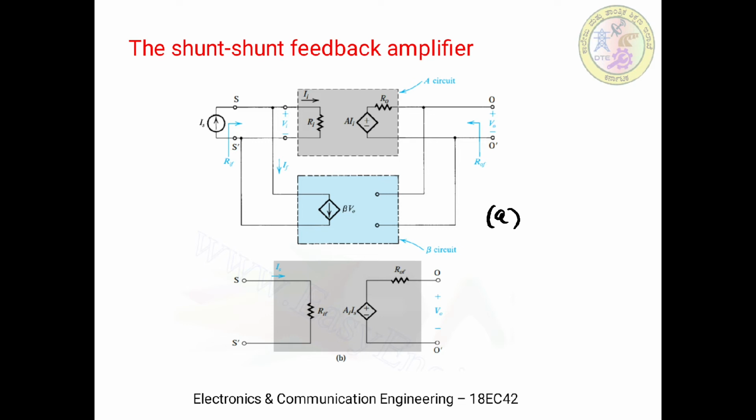Now again we have the A circuit as well as the ideal beta circuit, and by referring to this model we can write the closed loop gain, that is AF. In this case AF is equal to V0 by IS.